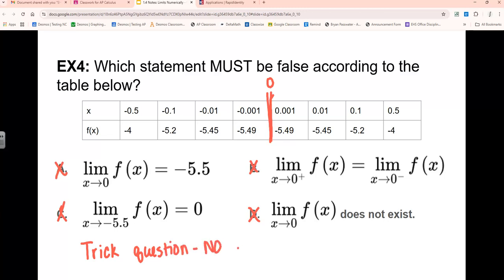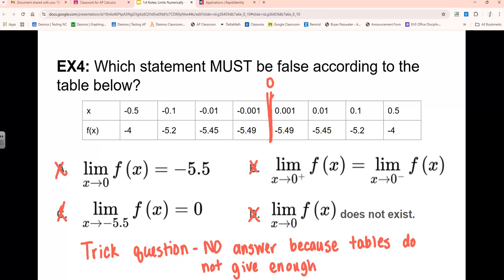No answer, because tables do not give enough info to say limits are false.